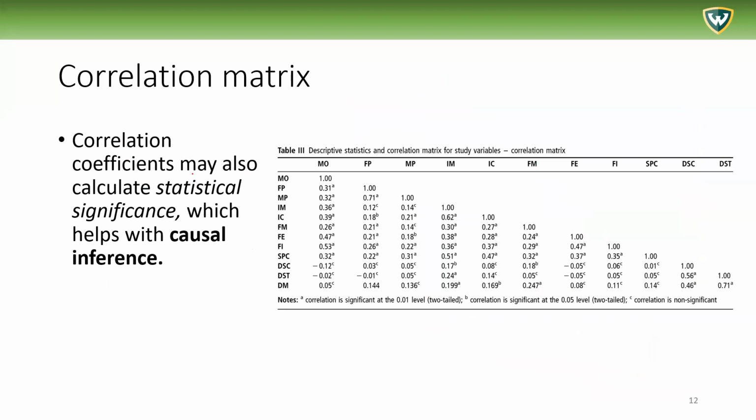Correlation coefficients may also be used to calculate statistical significance, which helps with causal inference, and that's a step above the exploratory data analysis that helps us confirm that the correlation is really strong and may indicate some causation. We are not going to do that at this stage, but we will do that next time. And here you may see the correlation coefficients between the variables.